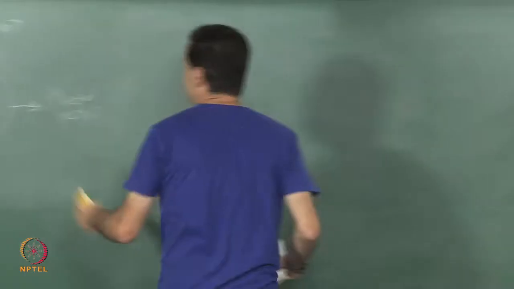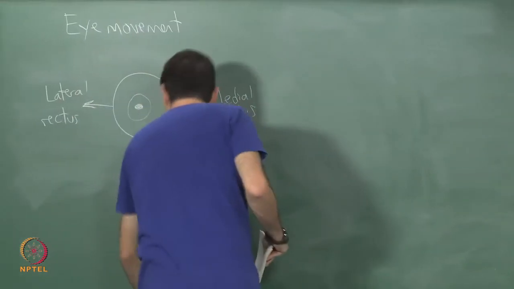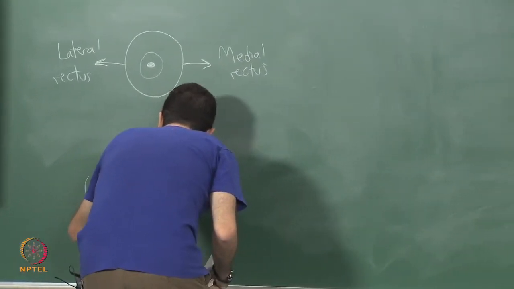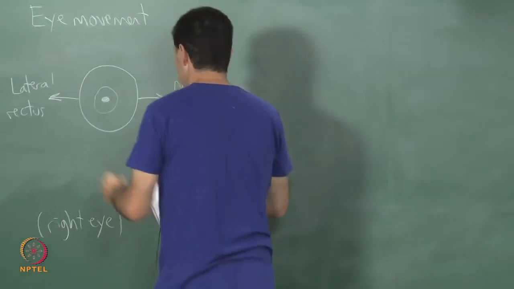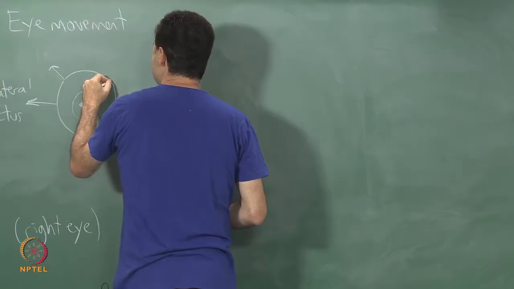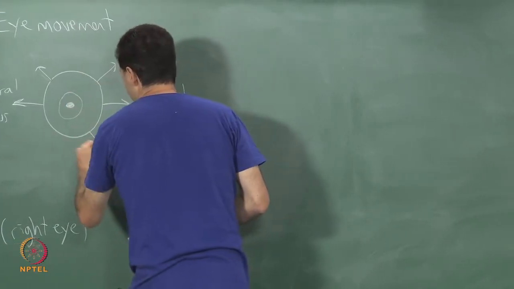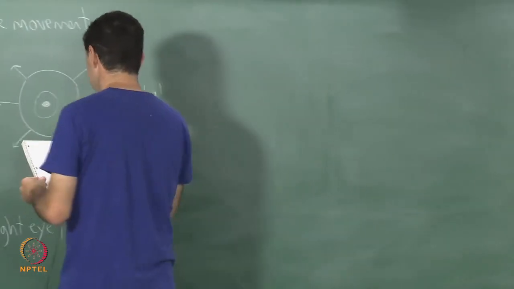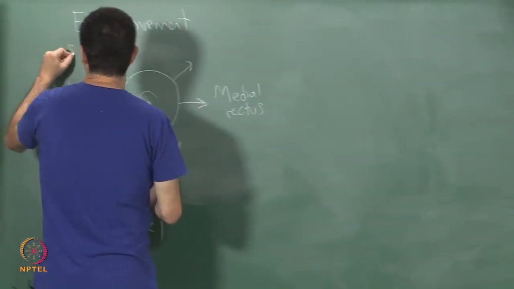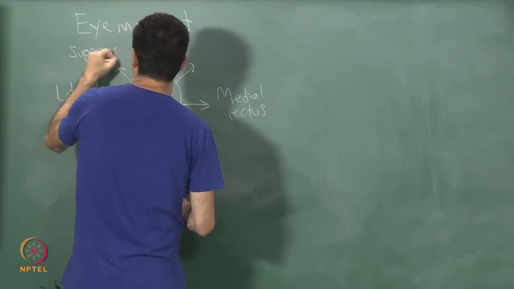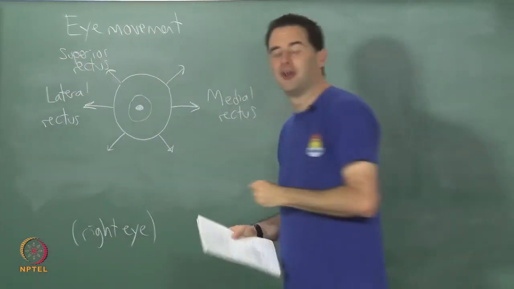I put my label in the wrong place there, so I'm not going to be able to put my remaining muscles. So there are also some muscles off on the diagonal, 4 of them. There's a superior, not going to go too far on these kinds of things.